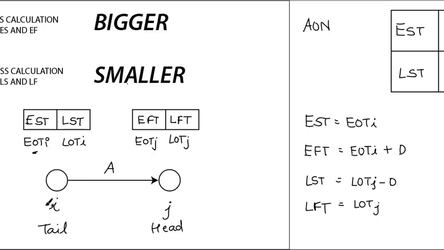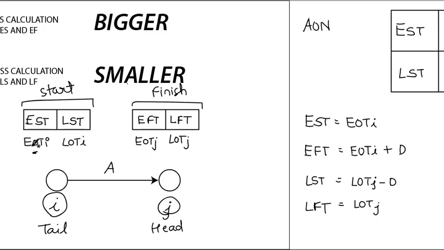Because I is the tail event, that is the start. So you see earliest start, latest start; these two boxes generally denote the start. Earliest finish, latest finish; these two boxes generally denote the finish, right? So start is I, that's why the tail event is I, and finish is J, that is the head.